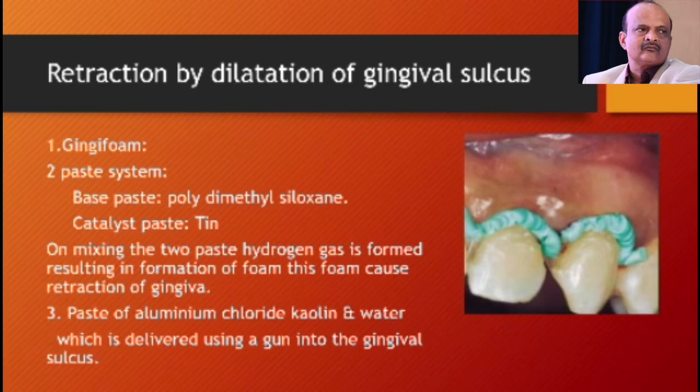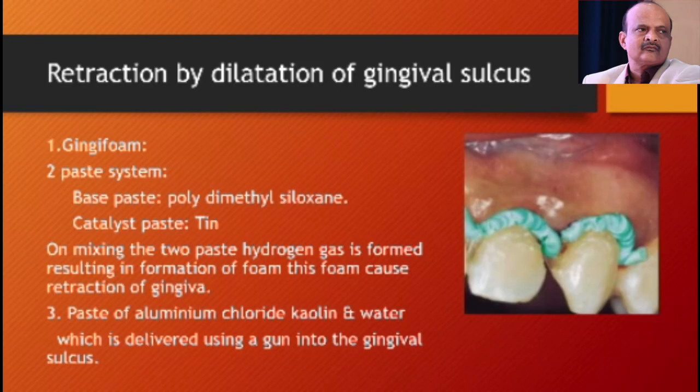There are compricaps: after filling, we place a compricap over this and ask the patient to bite for 3 to 4 minutes, then automatically the gingiva is retracted with the pressure of this swollen foam.